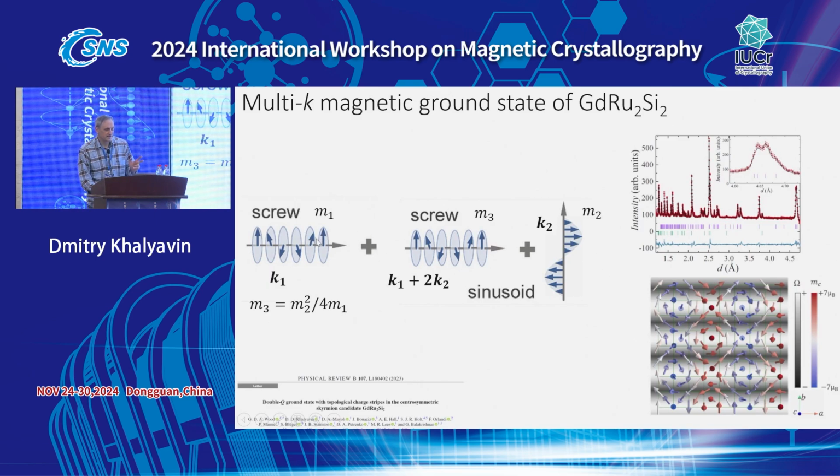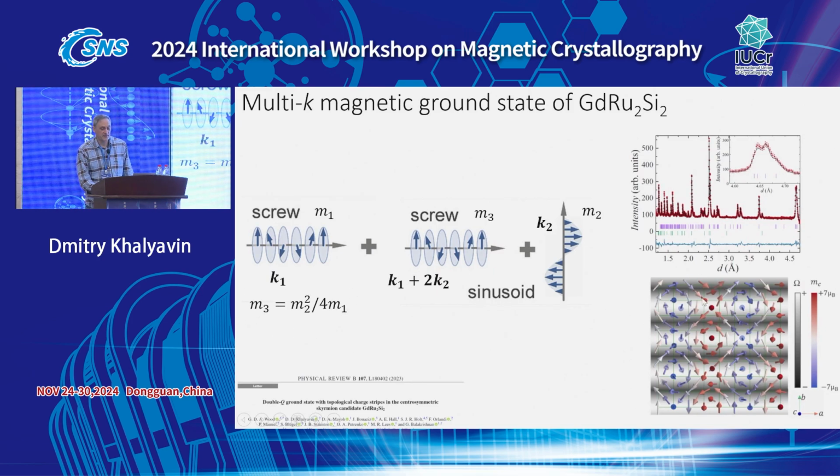And since the spin density wave and helical components are different, there is no requirement for the propagation vector to be the same, in spite of the fact that they're the same arm of the same star. And on top of that, in order to get a constant moment solution, we just need to add another helical component, that is K1 plus K2, which we have seen experimentally, with this condition for the amplitude.